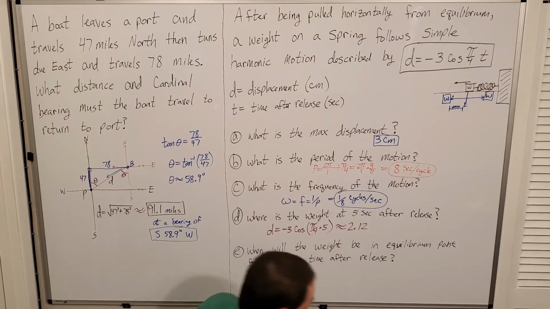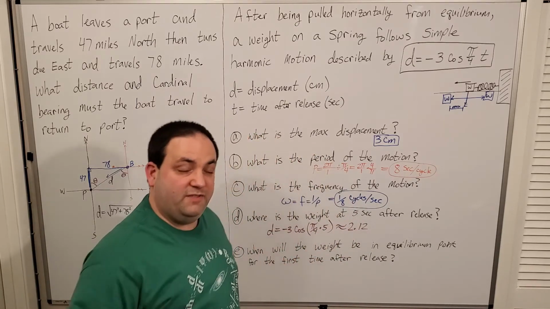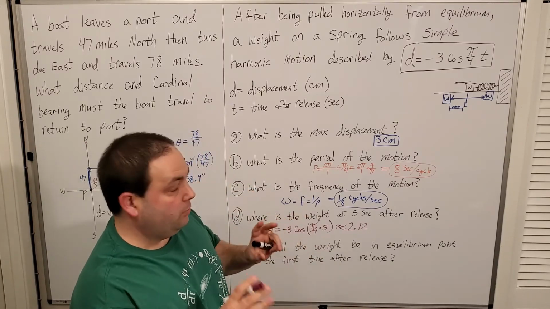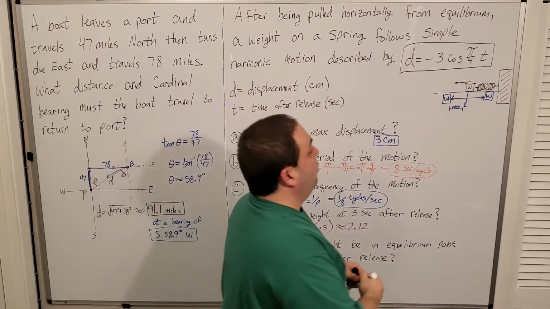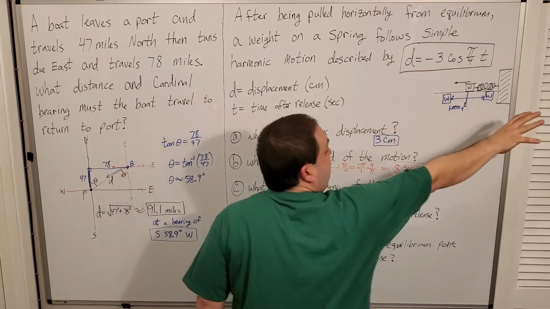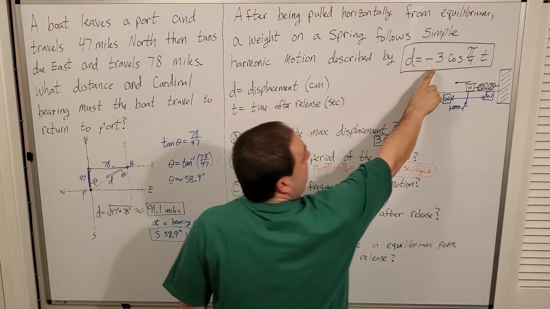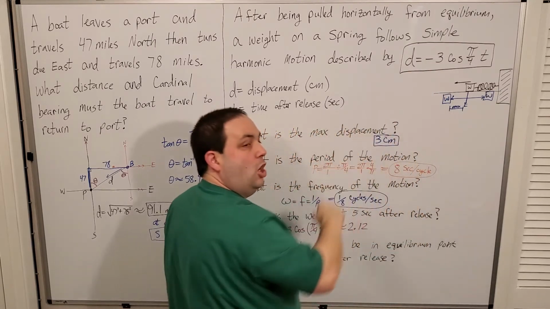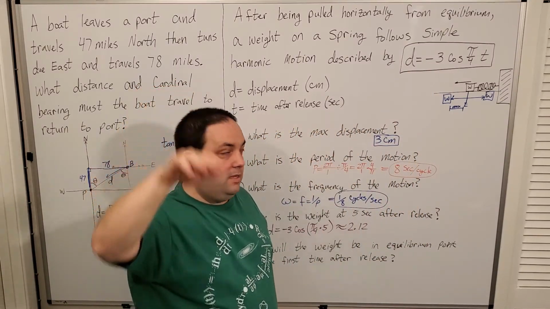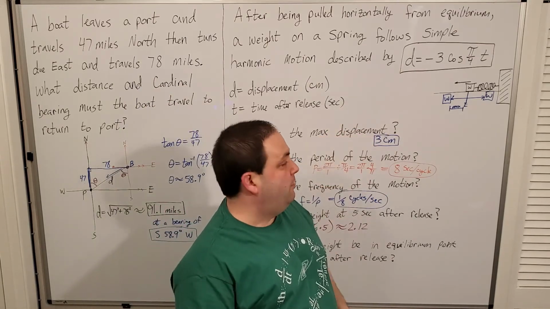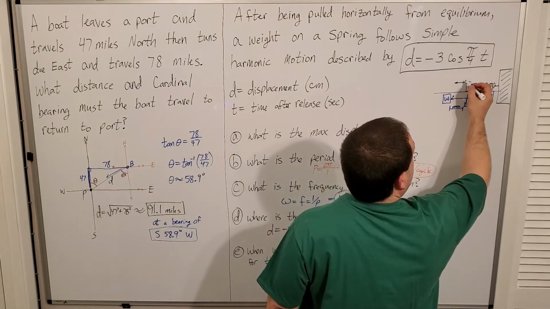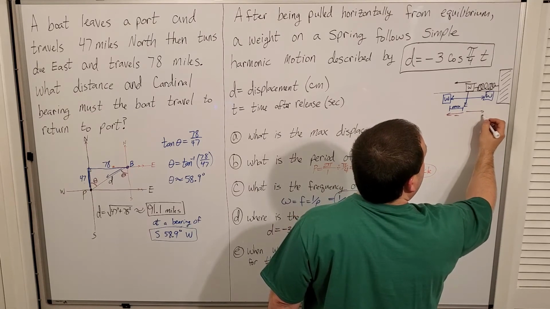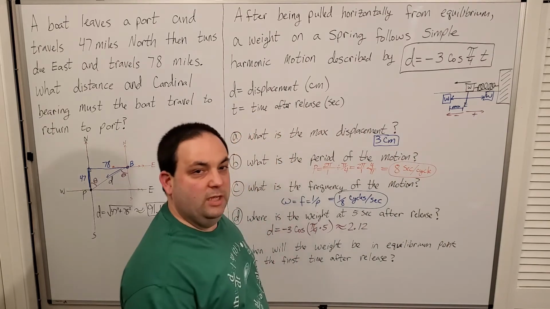Now, we have to describe this. 2.12 is not enough to answer this question, and it wants to know where it's located. Okay? So there's a couple of little details here. Remember, we said that it was stretched this way to begin with, and it begins with a negative peak. Okay? Because it's cosine. Remember, cosine starts on a peak. But here we're starting on a negative peak. So in other words, we're counting this side as negative of the equilibrium and this side as positive of the equilibrium.